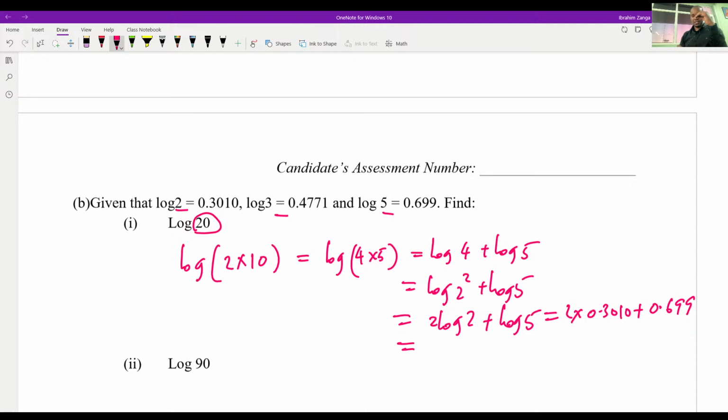Adding those numbers, 2 times 0.3010 plus 0.699. Eventually, we are getting 1.301, dear students.